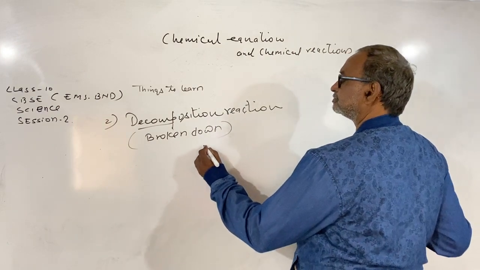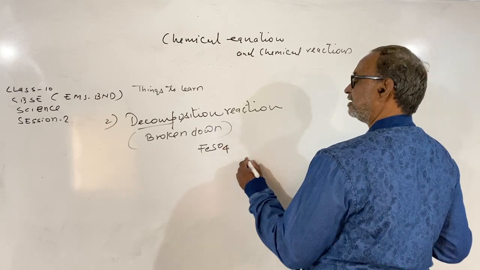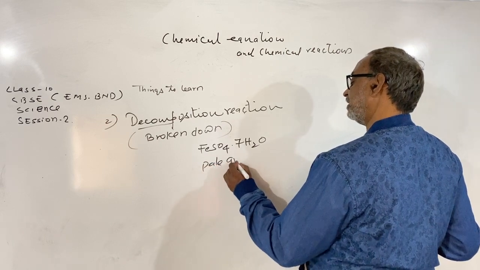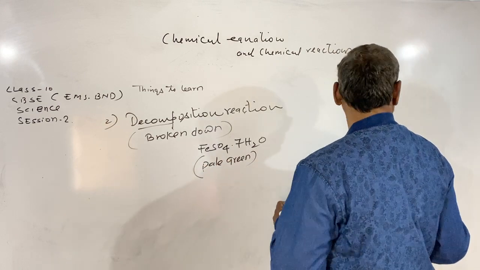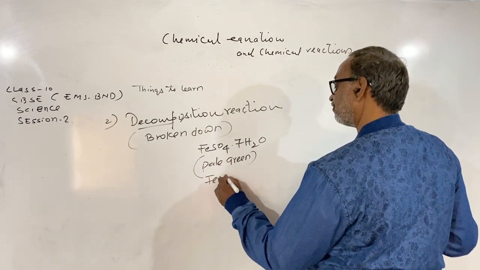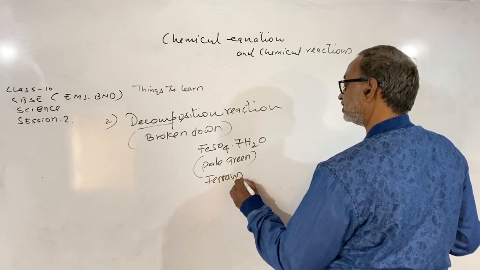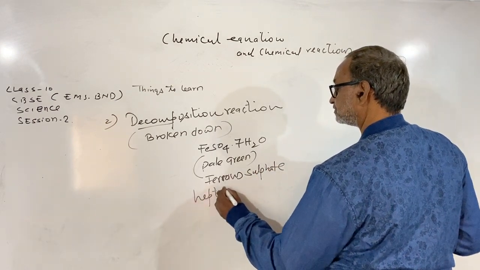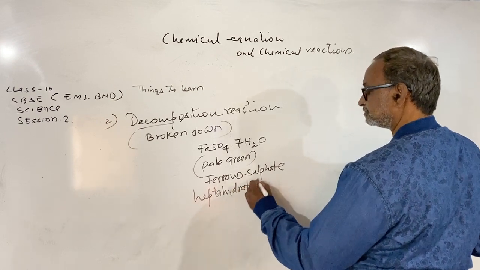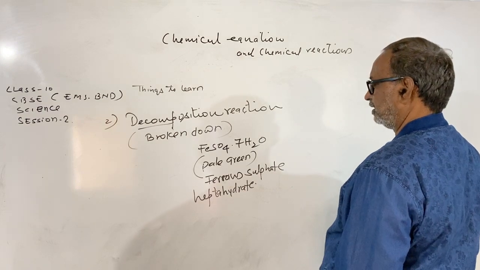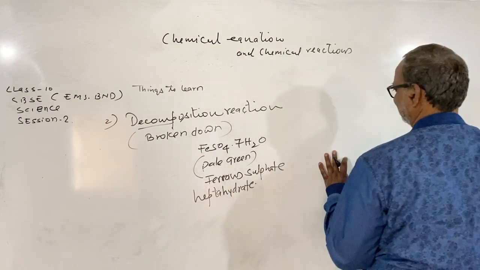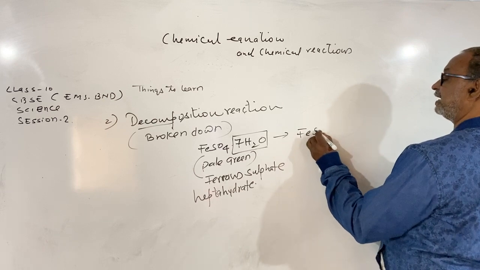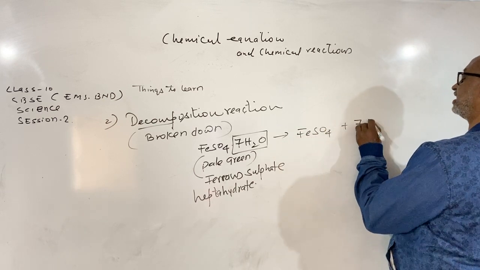When ferrous sulfate crystals, which are pale green in color, ferrous sulfate heptahydrate, are heated, they lose water of crystallization and turn into anhydrous ferrous sulfate.